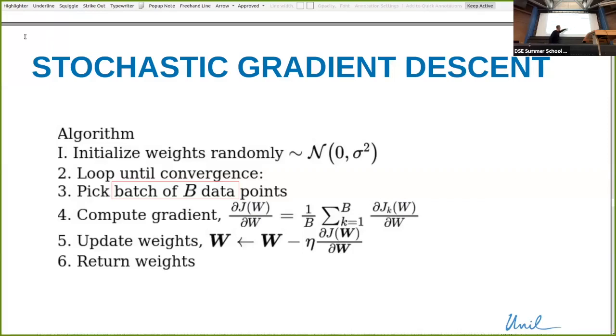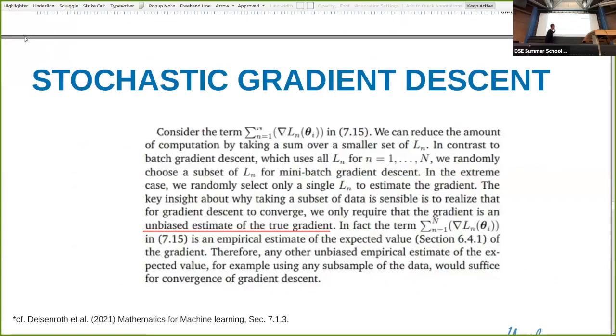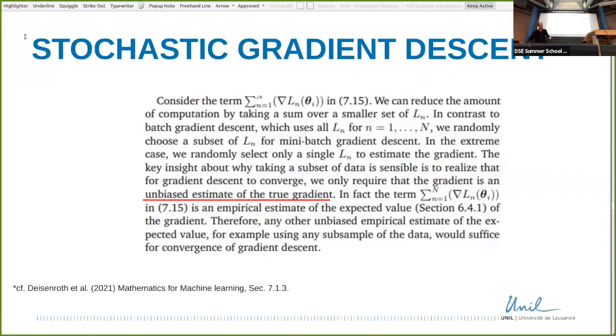Based on those 10 points, you estimate your gradient, you take a step, and you repeat that game. That would be stochastic gradient descent or batch gradient descent. For lack of time, I put some literature up there, but it's an unbiased estimate of the true gradient. Mechanically, you take a subset of all the points, and based on those, you estimate the gradient.